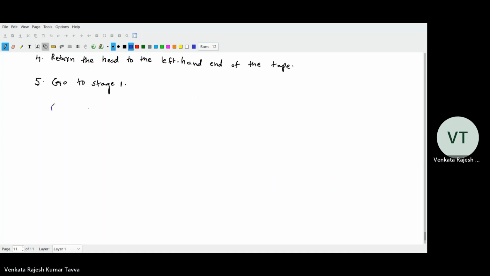So before I show you the state diagram, let me give its formal description. Like in DFA, NFA, we give meanings to each state. Here also we need to give meaning to each state. So Q0 is the start state.